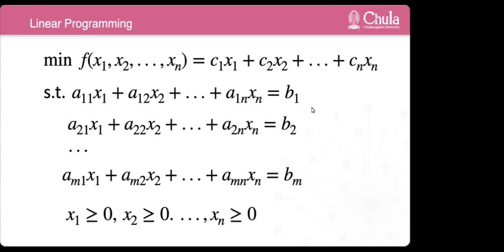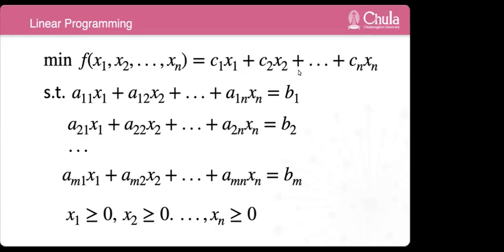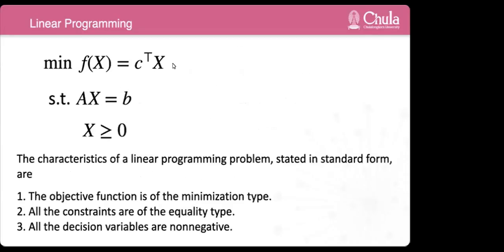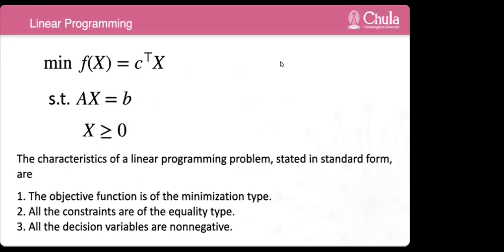So you see that here, C and A are constants. We can write this as C transpose X. C is a vector and X is a vector also. So when you have a vector of 1 by n times n by 1, finally you get a scalar, 1 by 1.